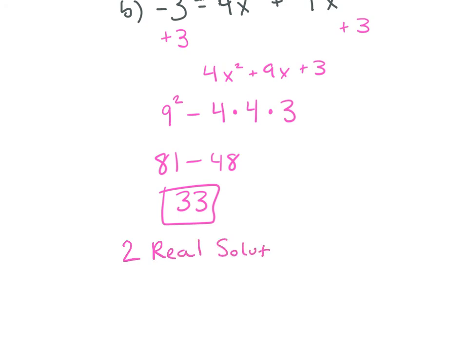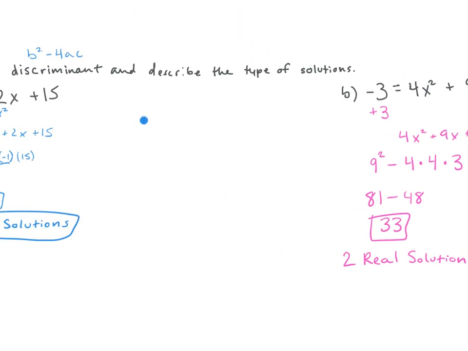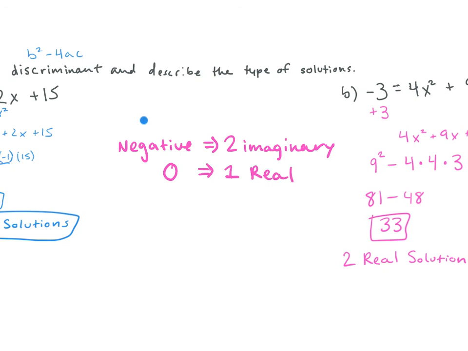So just remember, when you have a negative discriminant, that means you're going to have 2 imaginary solutions. When your discriminant is 0, you have 1 real solution. And when your discriminant is positive, you have 2 real solutions.